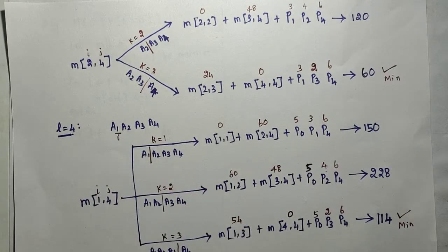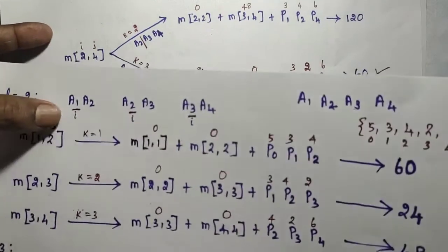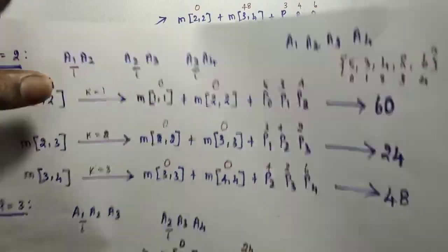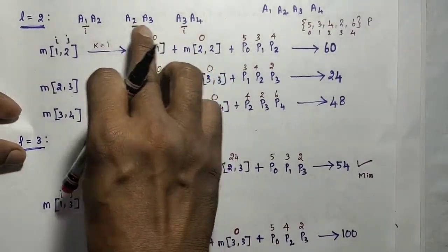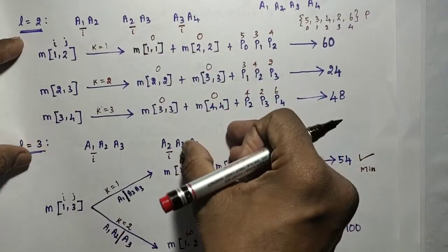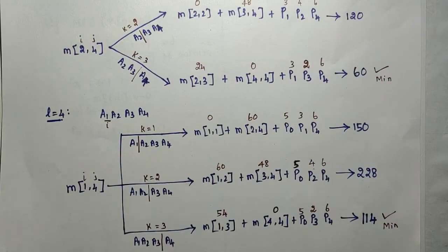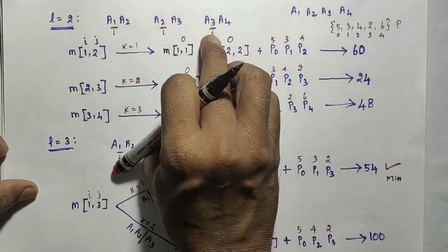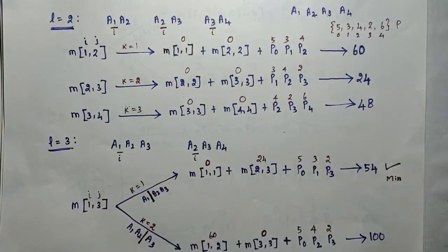So in each iteration, L equal to 2, 3 or 4, i should start with 1. But what will be the end of that i value? Here 3, here 2, and here it ends with 1 itself. So the end i value depends on the total, that is the n value.